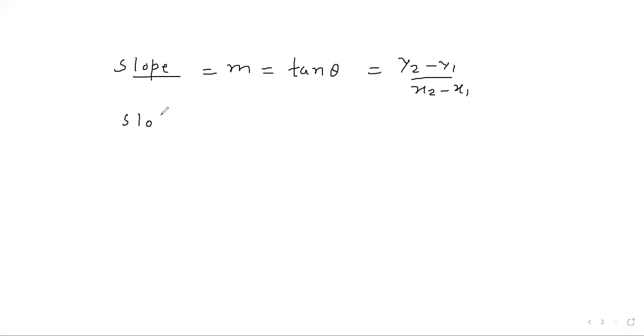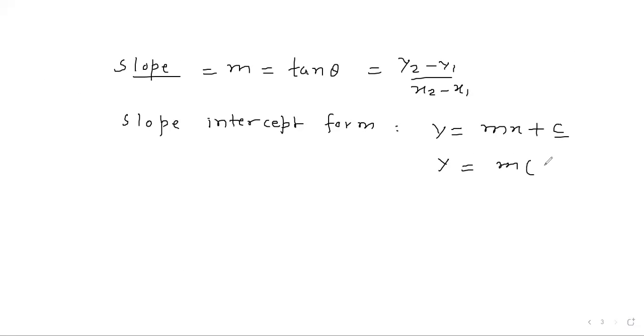Slope intercept form is y equal to mx plus c, when the y-intercept is given. If the x-intercept is given, then this becomes y equal to m(x minus d), where d is the x-intercept. Then the two points form.